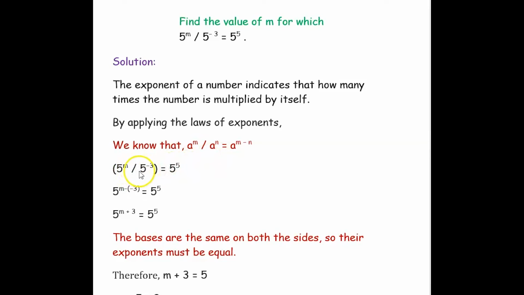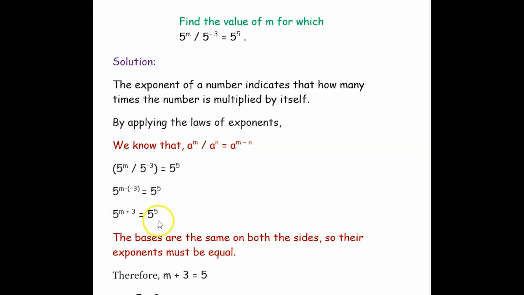The base is the same and the powers are different and it is in the denominator, so we can subtract. 5 raised to the power m minus negative 3, because in the denominator it's negative 3. We are writing the right hand side as such, 5 raised to the power of 5. On simplifying, minus and negative will become plus. So, 5 raised to the power of m plus 3 equals 5 raised to the power of 5.